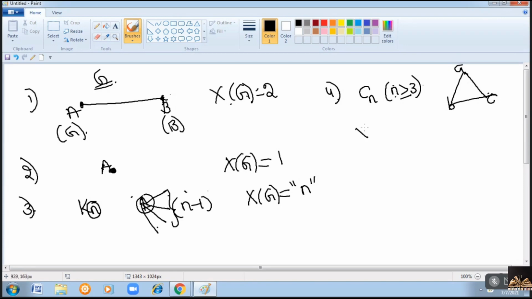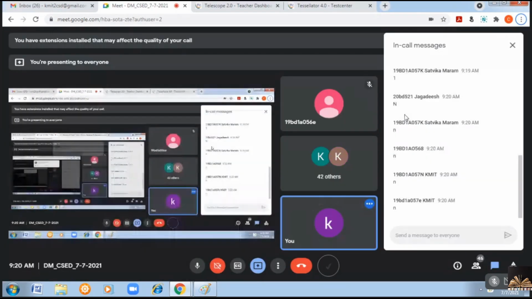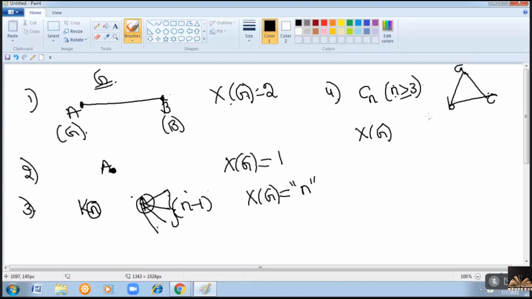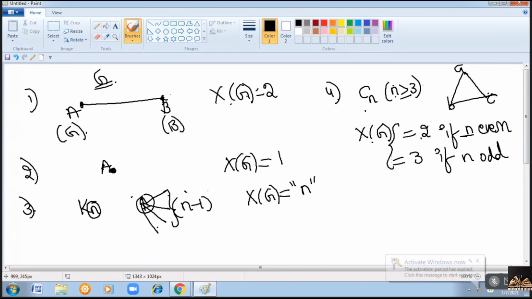So the chromatic number of a cycle graph is 2 if n, the number of vertices, is even. It is 3 if n is odd for a cycle graph.